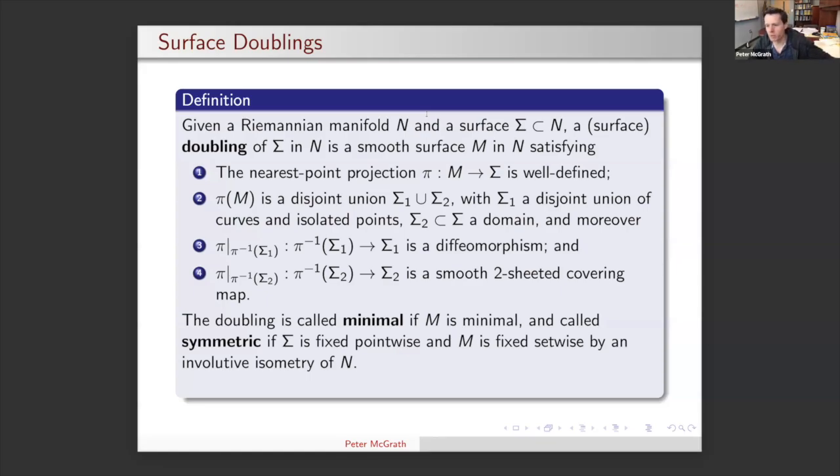In the next several slides, I give some examples, starting with the very simplest ones. But one more definition on this slide: the components of sigma minus the projection are called doubling holes. And this notion should become clear through the examples.